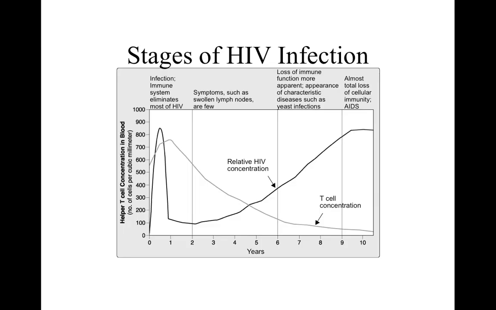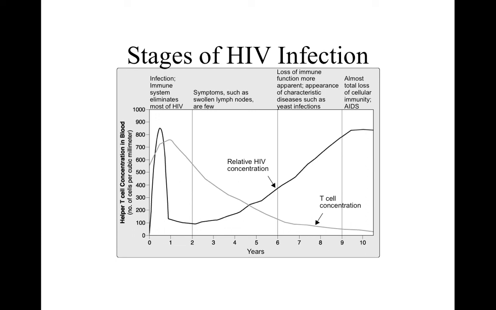So here are some stages of the infection. This is over years, and here's where people were usually dying, in maybe 5 to 10 years. This grayer line is the number of T cells, and this is the number of viruses, can't call them a cell, so just viruses, the number of HIV.